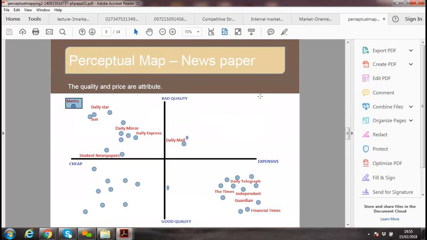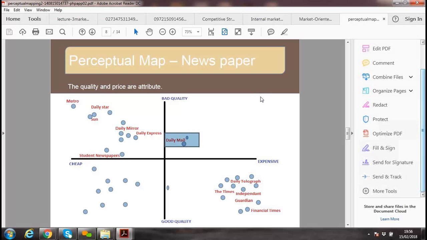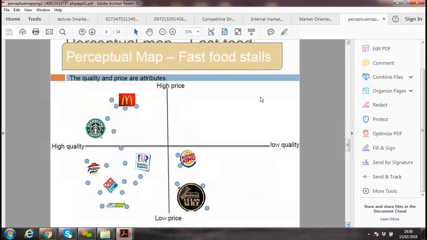We have newspapers here: The Times, the Independent, the Guardian, the Financial Times. A lot of people read them and they are good in terms of information. Maybe it's very expensive, maybe it's bad quality; some people have a different perception. So we can do interviews, then show the results on the perceptual map.